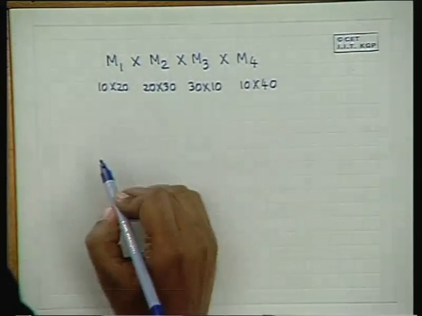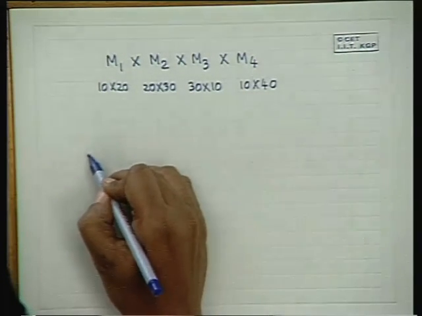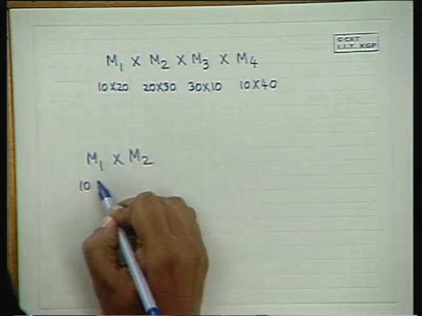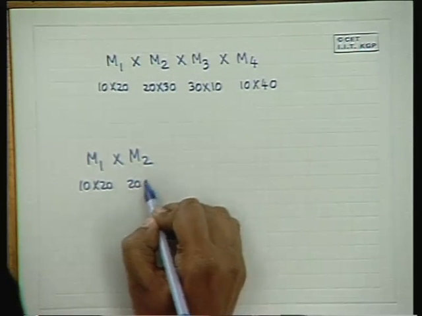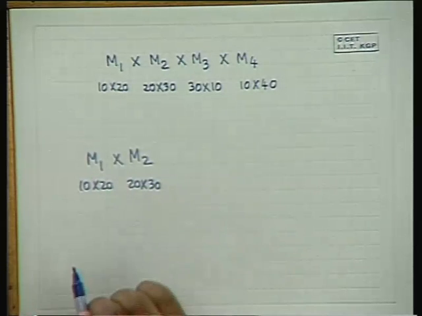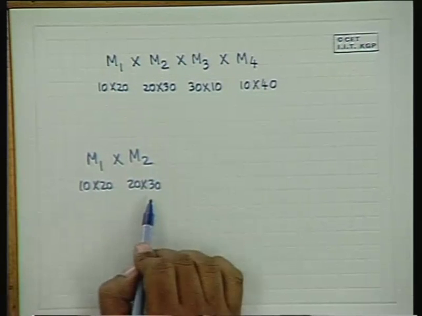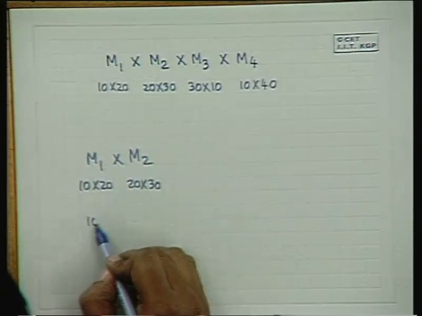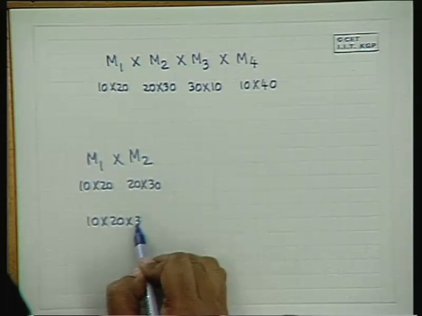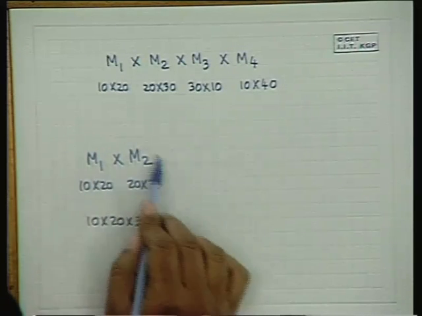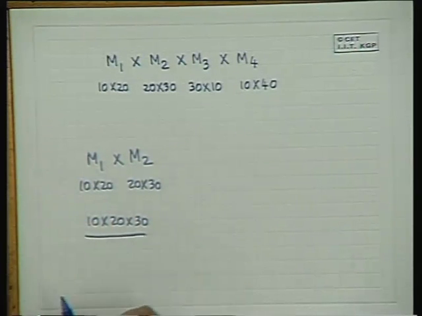Now to multiply two matrices, if we use the simple algorithm, suppose I multiply M1 by M2, how many multiplications do I require? Multiplications are more expensive than additions. You require 10 into 20 into 30 multiplications. Alright. So to multiply two matrices like this, I require so many multiplications.